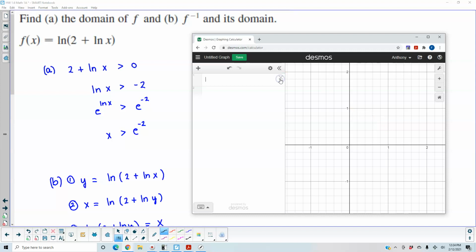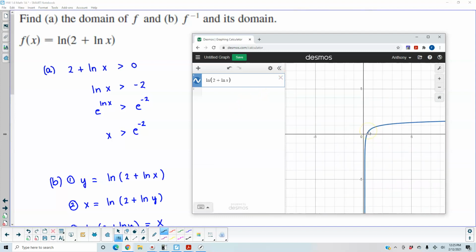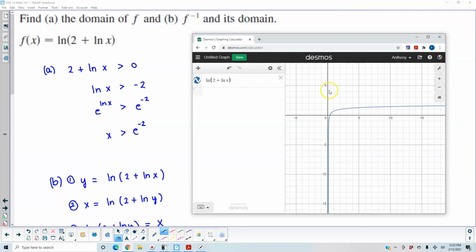So here, let's take a look at the graph. If we have the natural log of 2 plus the natural log of x. Okay, so there's no restrictions here for the range.